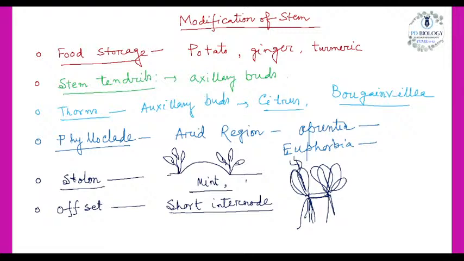Mostly aquatic plants like Eichhornia and Pistia are examples of offset.